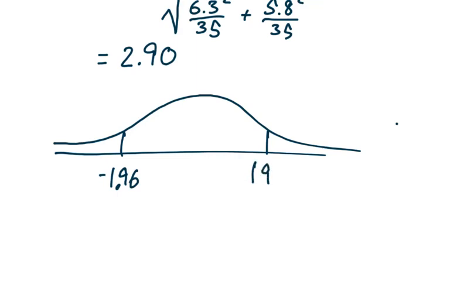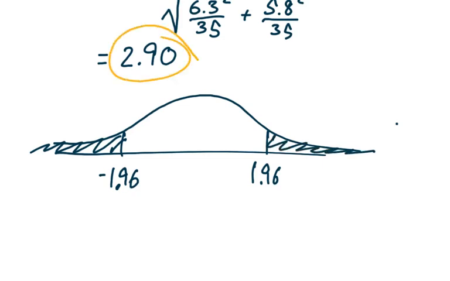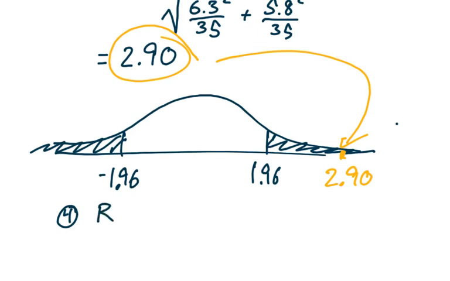So there's positive 1.96 and negative 1.96 on the left. Okay, so our test statistic 2.90 is right about here. So notice it is well inside the critical region, the rejection region. So our decision in step 4 is going to be to reject the null hypothesis, H0.